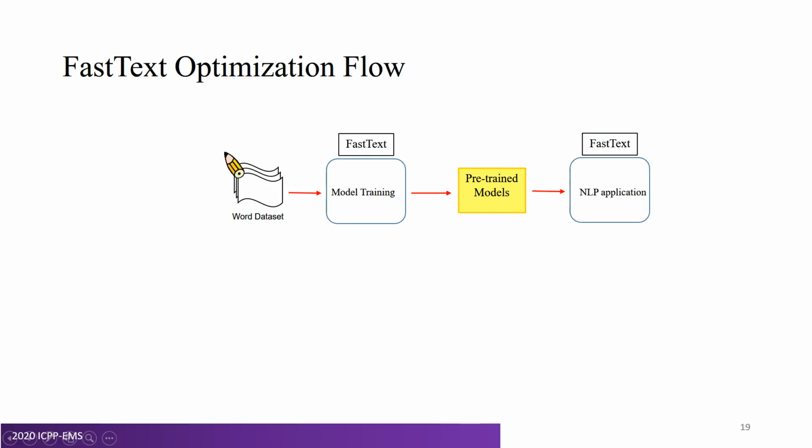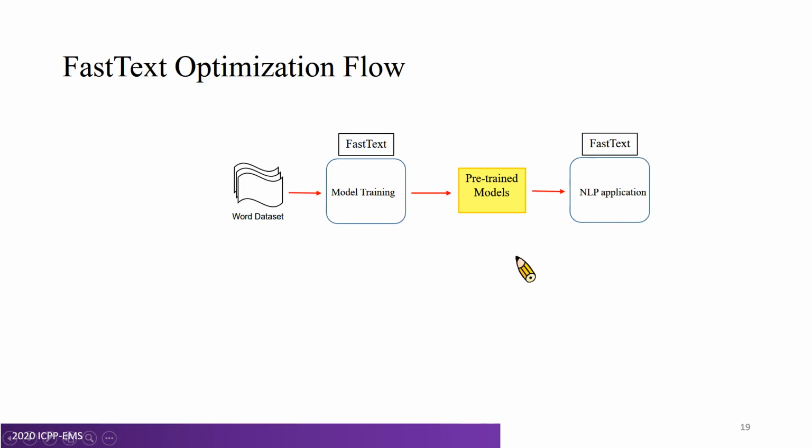After taking word datasets to train models in FastText, we can get pre-trained models, and in the original FastText flow, which is shown in this figure, they will be directly used to do NLP applications.